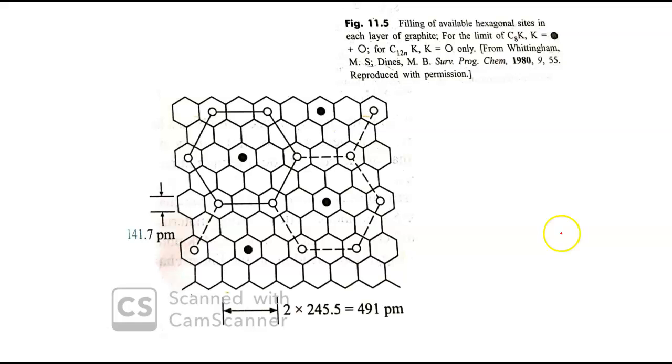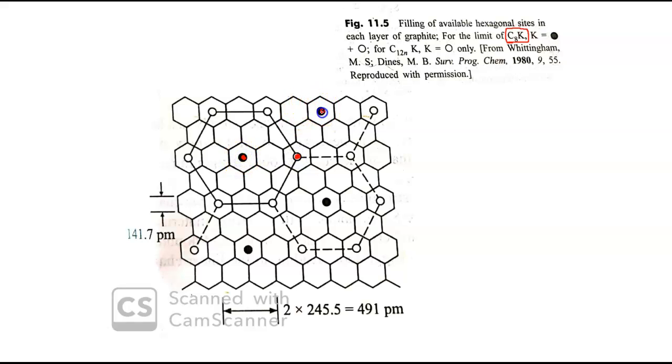Filling of available hexagonal sites in each layer of graphite can be observed here. For the limit of C8K, it is this plus this, as for C12. When you are considering C8K, this particular first stage intercalation compound, all of these will be potassium.